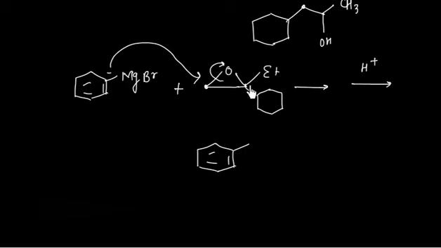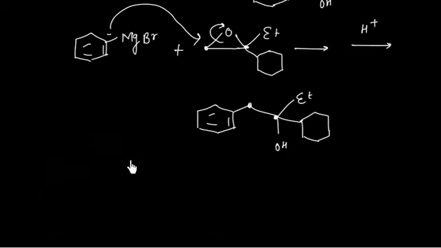So we have 1 carbon, 2 carbon. Carbon number 2 contains an ethyl group. Carbon number 2 will also contain an OH group after acidification. This carbon will also contain one cyclohexane ring. So this will be the final product. Attack happens to the less hindered side.